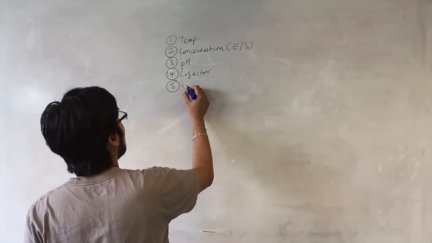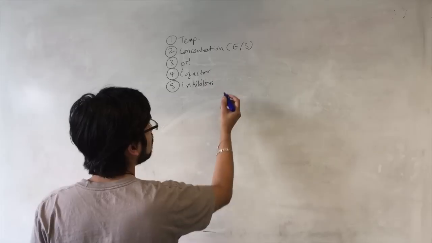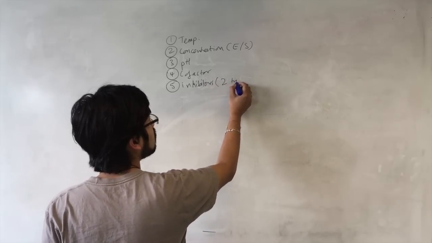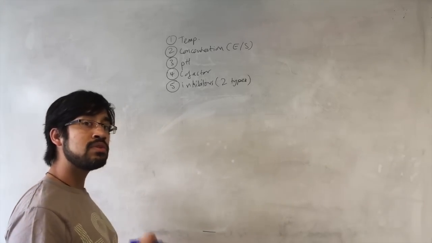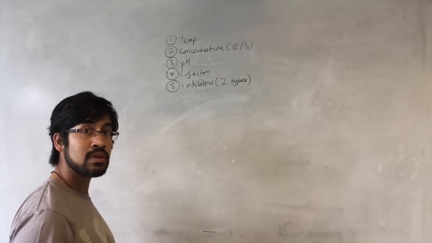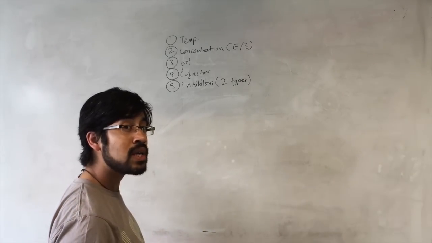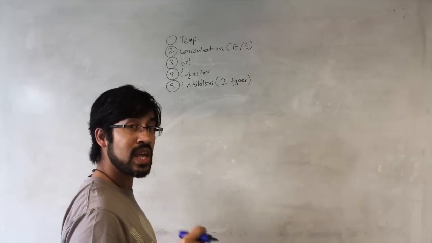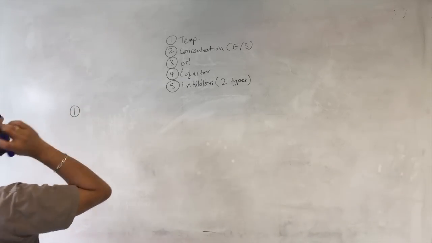And 5, we have inhibitors. And remember, there are 2 types, and they will give you different experimental results based on the type of inhibitor they are. Okay? Do we need to go over that again? Really? Okay.